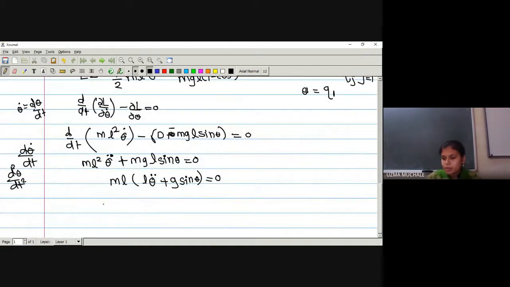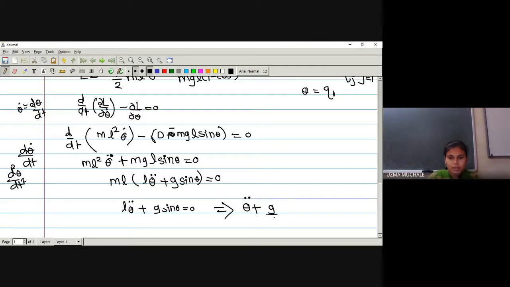So what will be the possibility? The resultant possibility we can write is L theta double dot plus g sine theta is equal to 0. Now we can divide by L, because L is non-zero, the term which is non-zero we can divide.